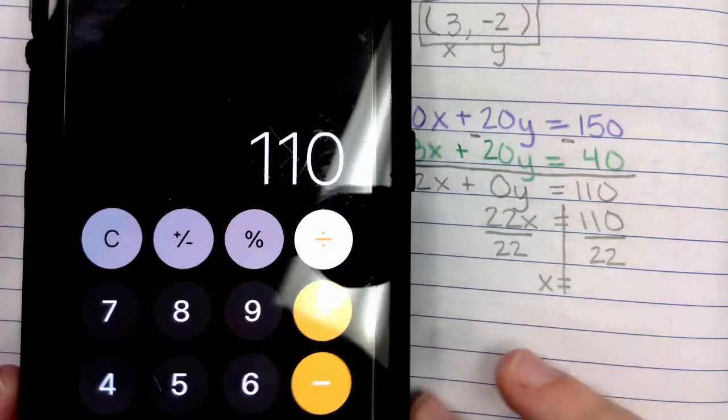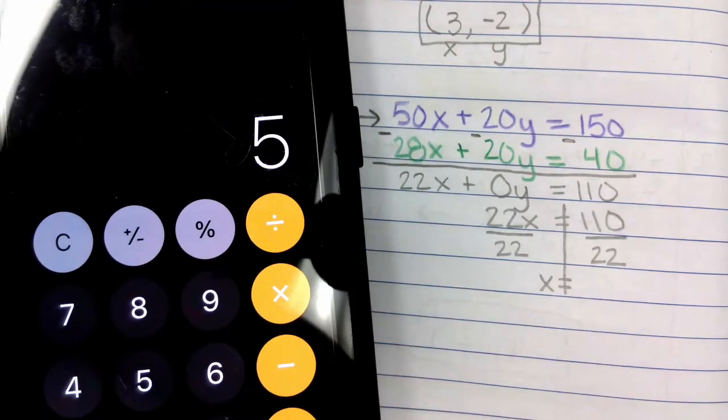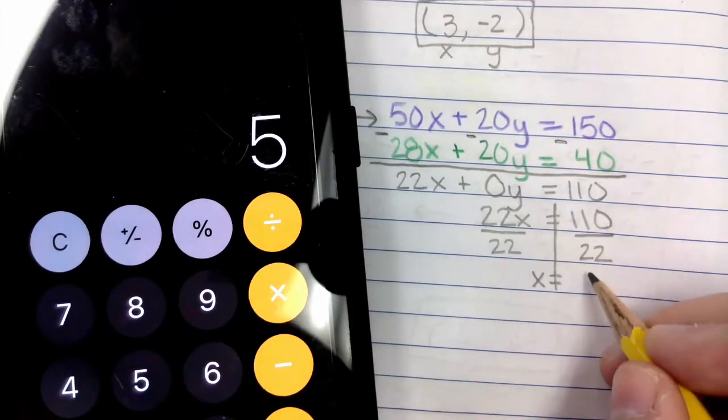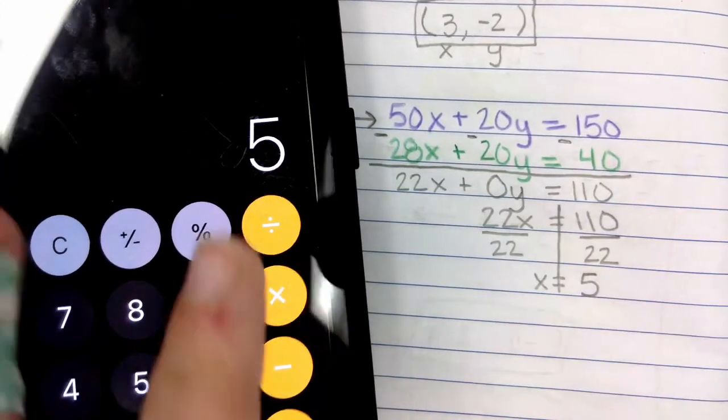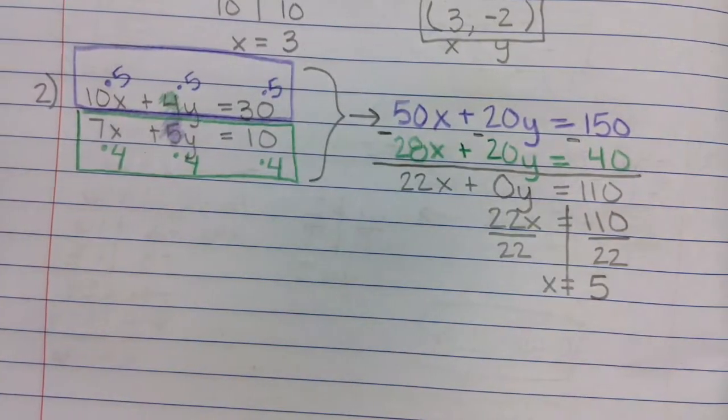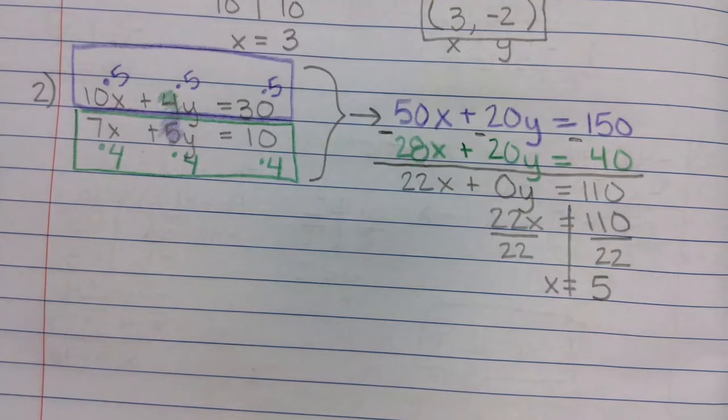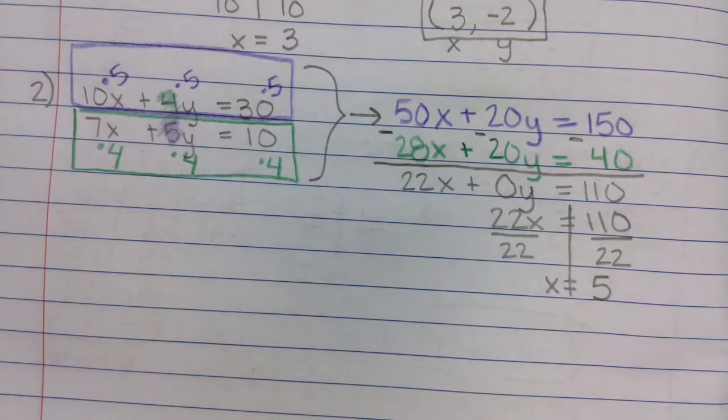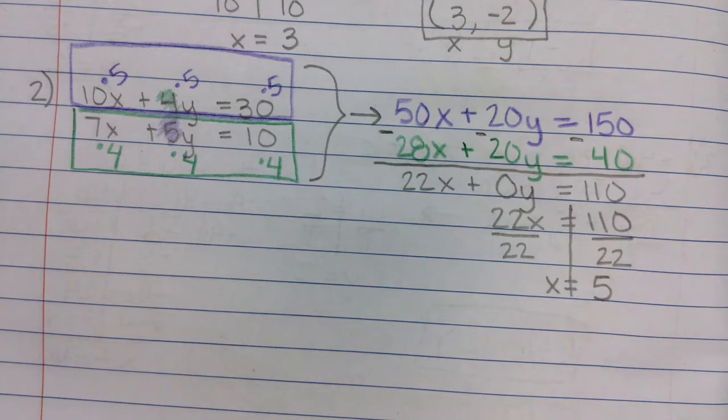Okay, now again, we have a lot of options. What do we still need to do? Find our y. And to find our y, we're going to substitute it back into one of the equations. How many equations do we have to choose from? We have this original top one, original bottom one.